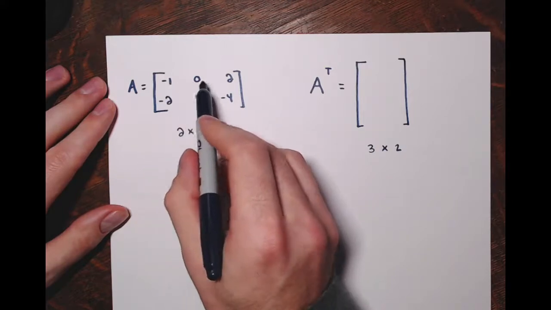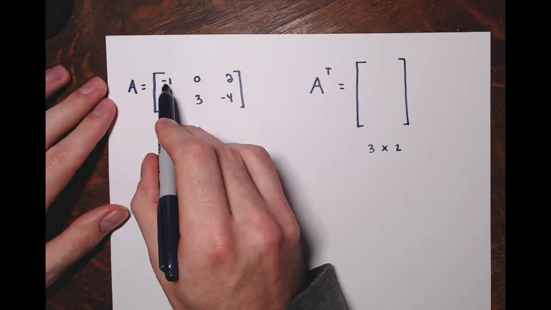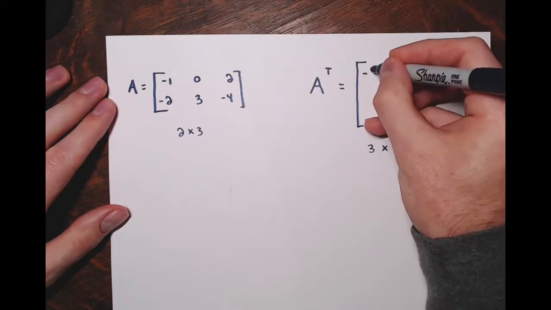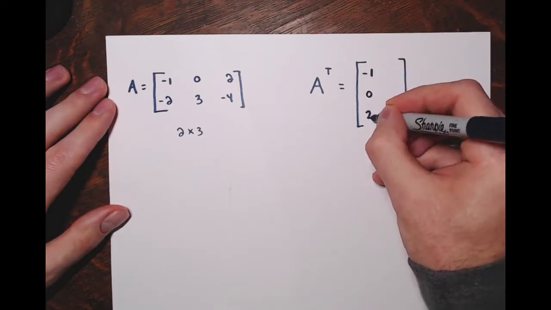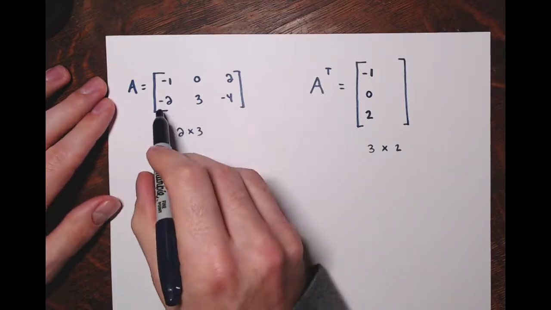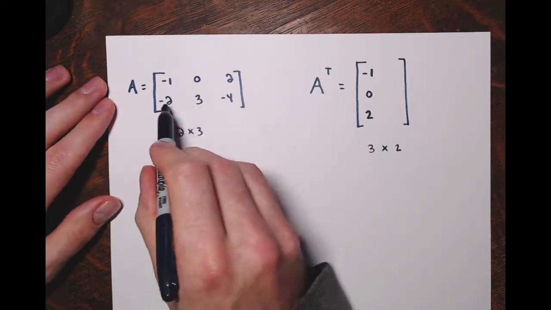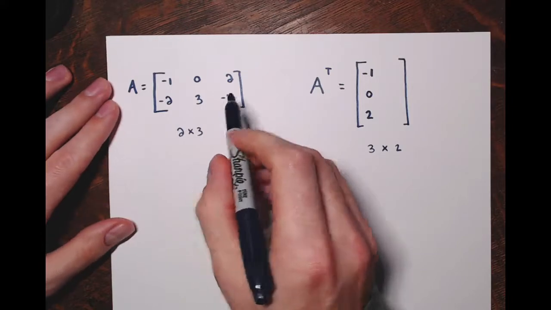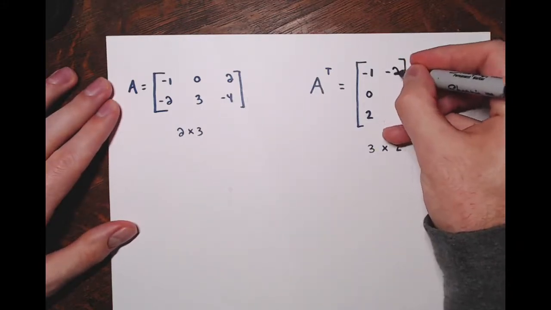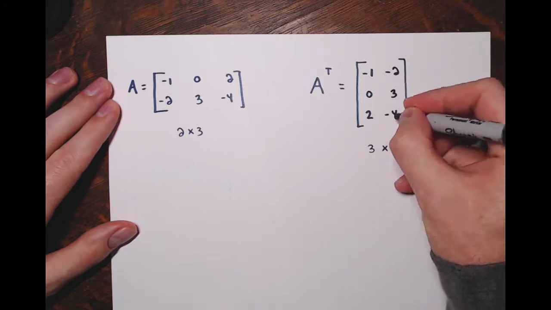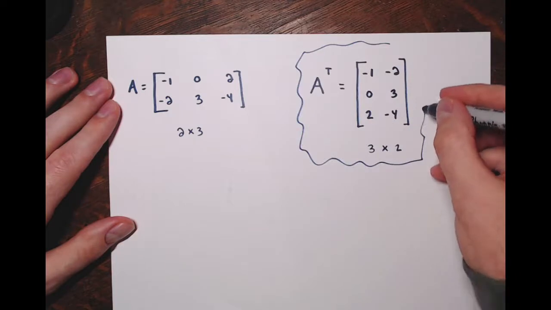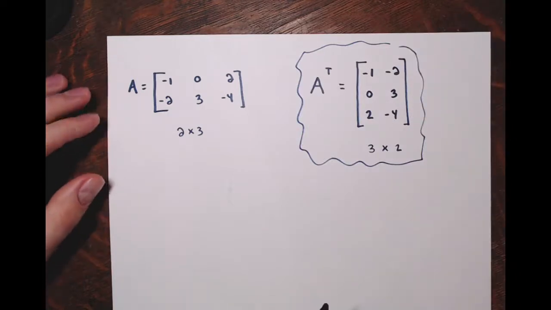The first row of A, negative 1, 0, 2, is the first column of A transpose. The second row of A, negative 2, 3, negative 4, is the second column of A transpose. And there you go. This is A transpose, the transpose of A.